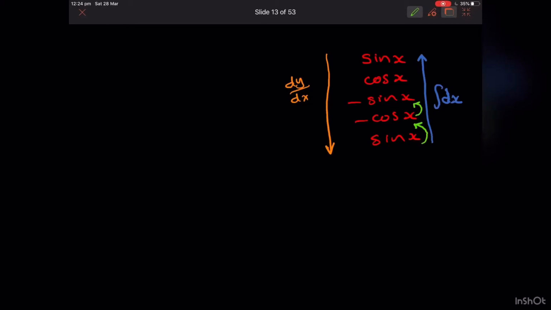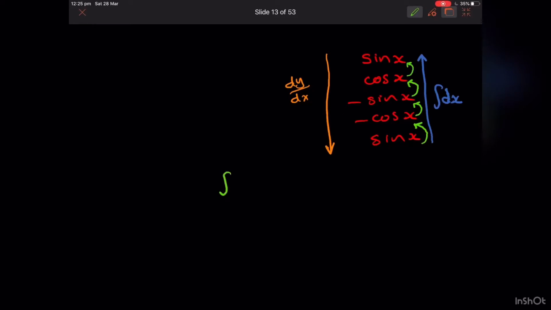The integration of minus sine x is cosine x. The integration of cosine x is sine x, and that's it. The same way for differentiation, you move from the top to the bottom, so dy over dx for sine x will be cosine x. For now, we are talking about the integration.